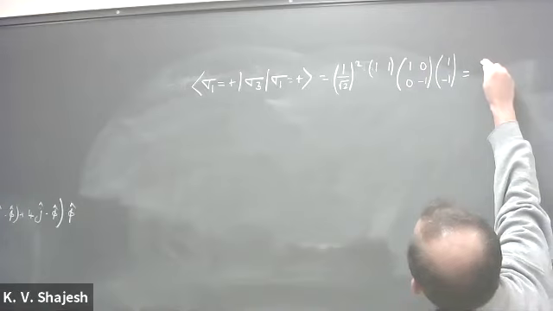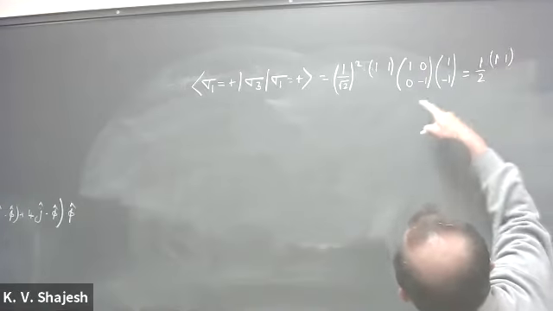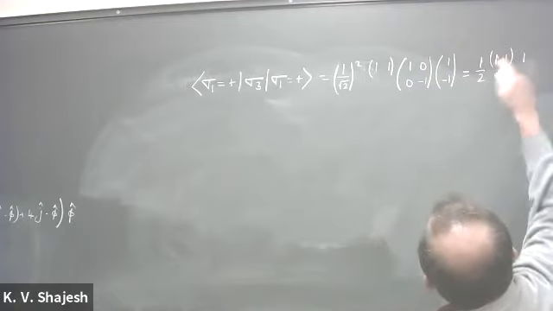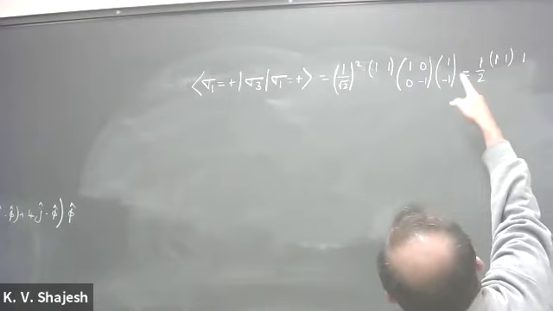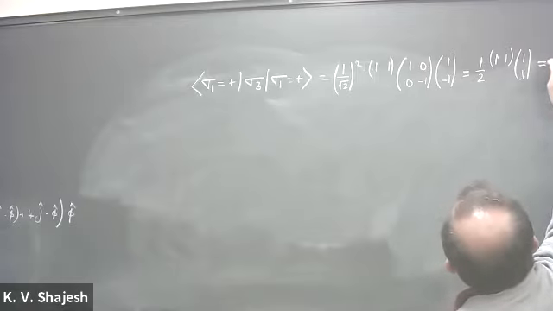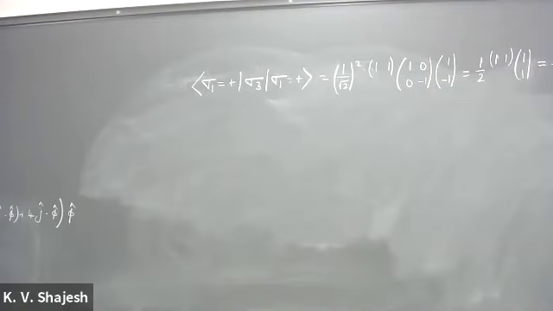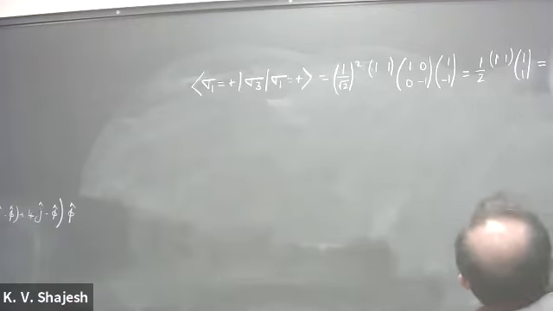That's about 1 over 2 times 1, 1. And that's 1 here. 0, 1, so that's 1 here. That's 1 over 2. Why did it come out 1 over 2? No, it is 1, right? So, two things.